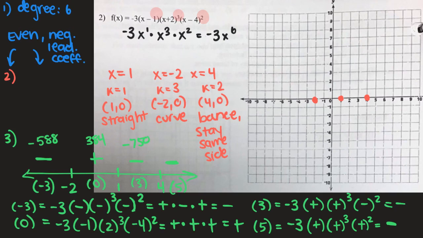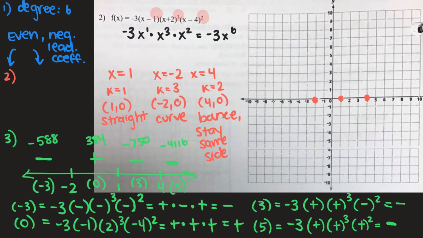And if you plug in 5, you get negative 4,116. So yes, clearly, if you actually plug in the numbers, 1, you're going to be spending a lot of time, and 2, they're really big numbers, so don't spend your time doing that. Just plug in the values to get your positive or negative signs. It's a lot faster that way.